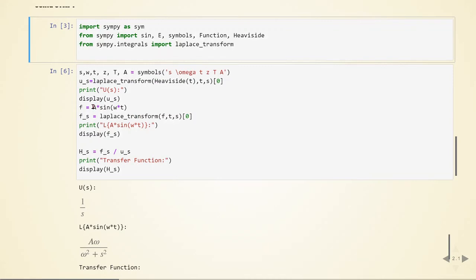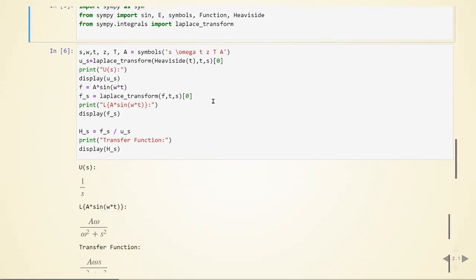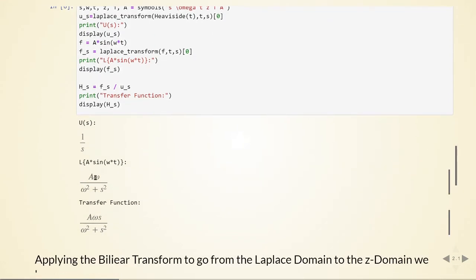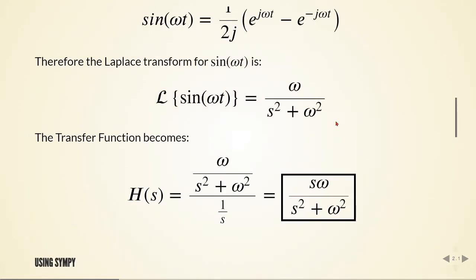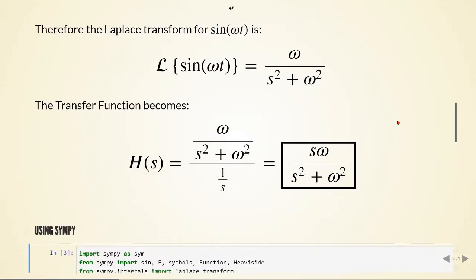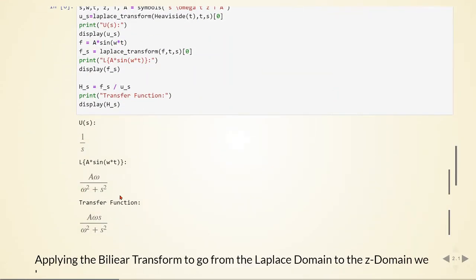Now we are including here the amplitude times sine omega t, and the Laplace transform of f is equal to a times omega divided by s squared plus omega squared, like we have here. We're just now having a constant value, which is the amplitude here. So it goes out of the Laplace transform and it appears here. So it's a omega divided by s squared plus omega squared, and we have the same result here.